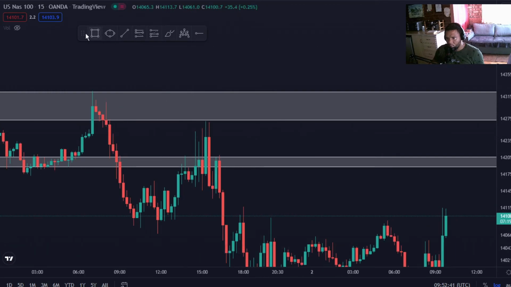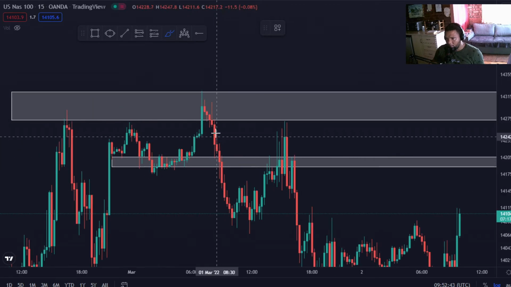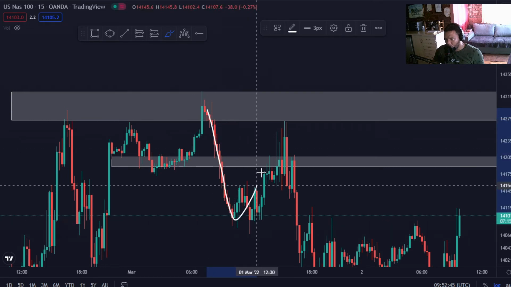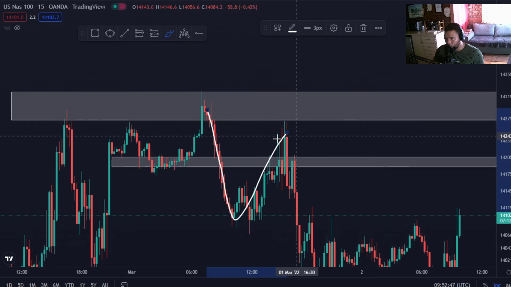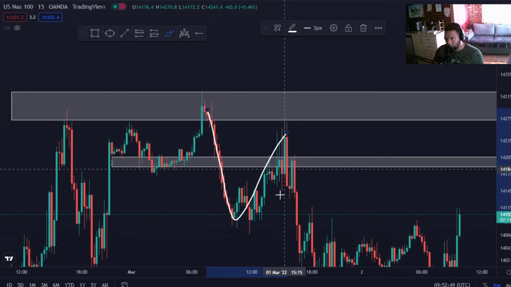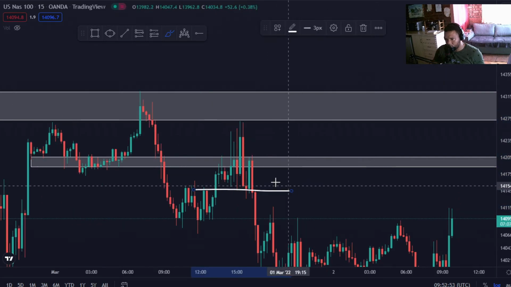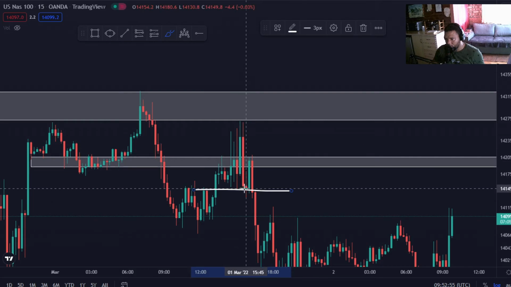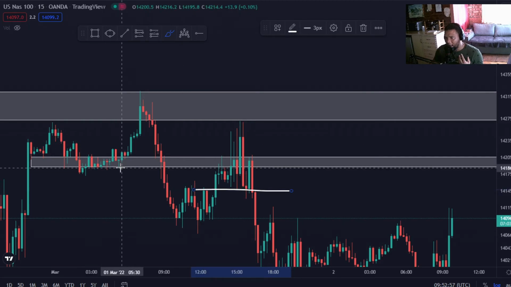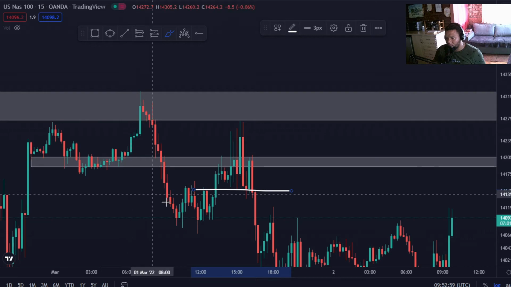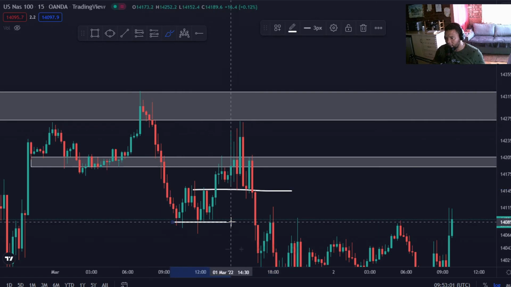So once I saw price basically run to the downside, retrace back, show me a lot of weak rejections, that's a great indication. Once I saw we have this first push to the downside, that's a great sign. But I don't like to take the first push to the downside, especially if price was creating a double bottom.